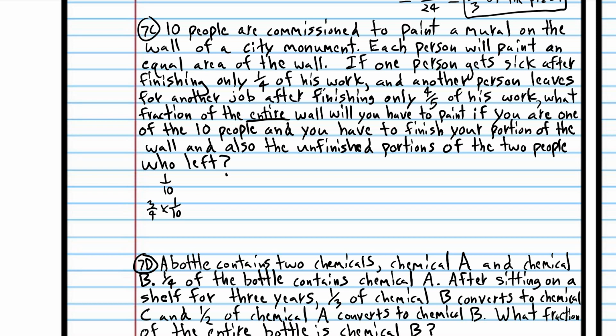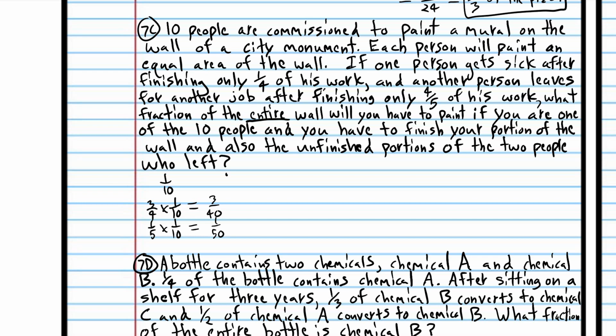So that means he didn't finish 1/5 of his work. So you have to finish 1/10 of the mural, which was your portion of the work, but you also have to finish these parts that the other people didn't do. So all you have to do is just calculate these. So that would be 3/40, and this would be 1/50.